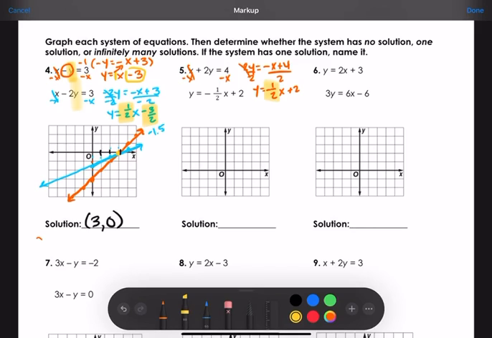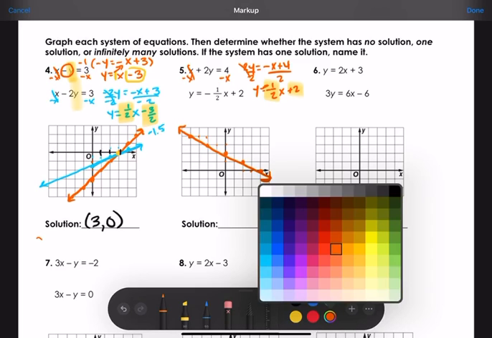So my slope is negative 1/2. My intercept is 2. I'm going to go ahead and take care of this one before I even look at the next one. 2 is up here. Be careful, this is a negative 1/2, so it's going down. Down 1 over 2, down 1 over 2, and up over 2 this way. Draw that line.